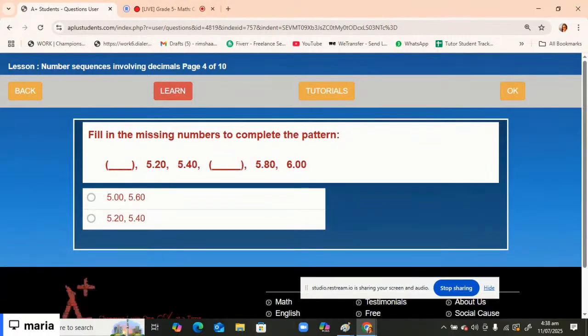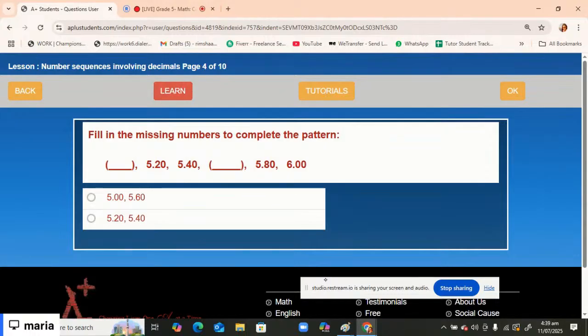Now 5.20, then 40, then missing, then 80, and then a full 6. So what does it mean? It's a full 5, then 5.60, because if it is 40 here, it means the next two are 60.